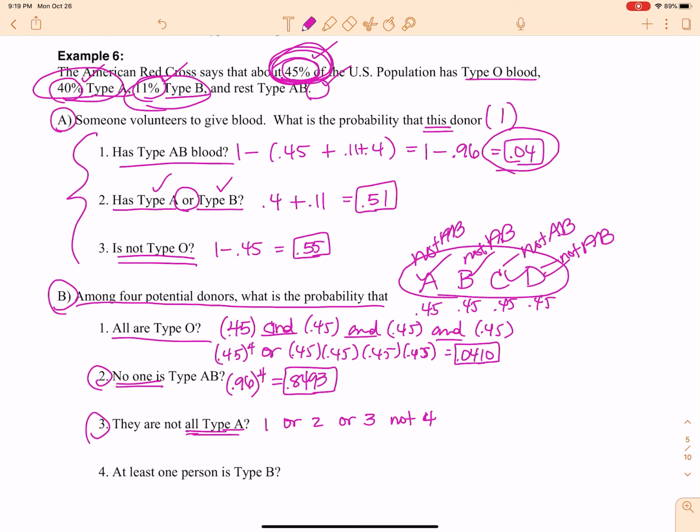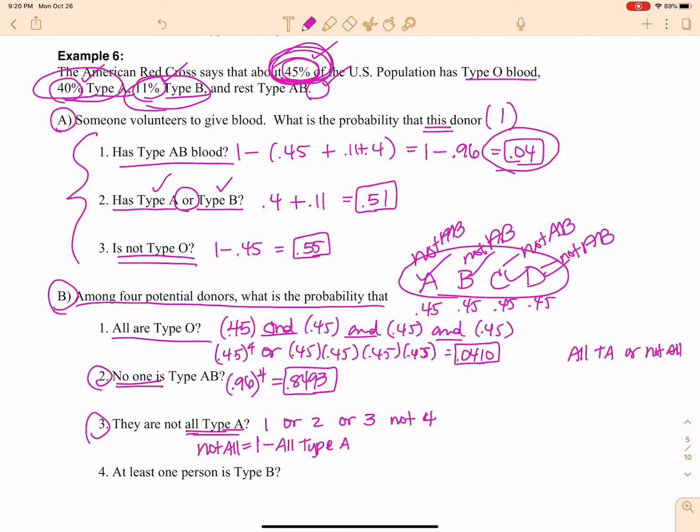Mathematically, think of it this way: remember the stipulation here is that they're not all type A. Those are my two possible outcomes in this situation. They can either all be type A or not all be type A.